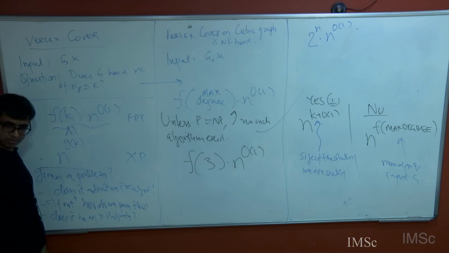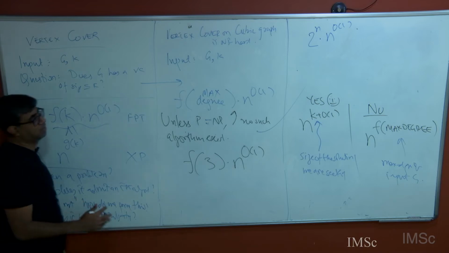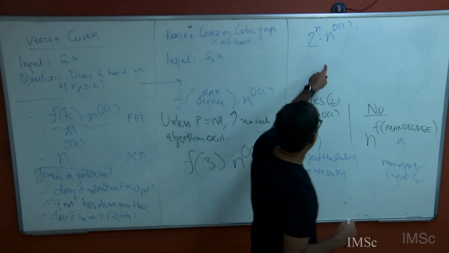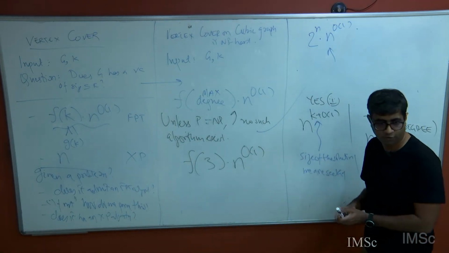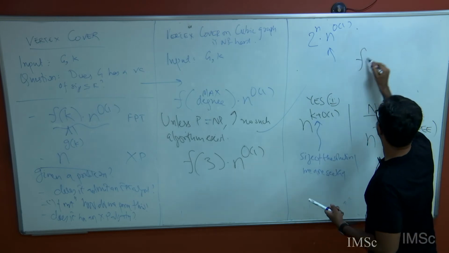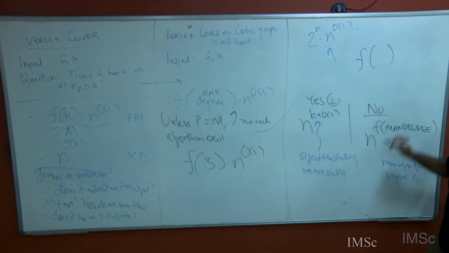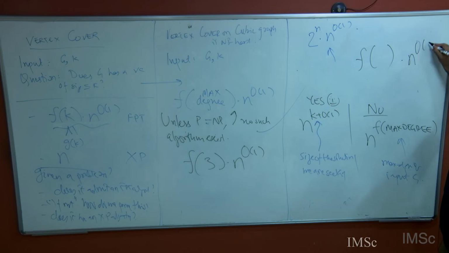I am saying this algorithm is of the form f of something times n to the power big O of 1. What can that something be? Excellent.